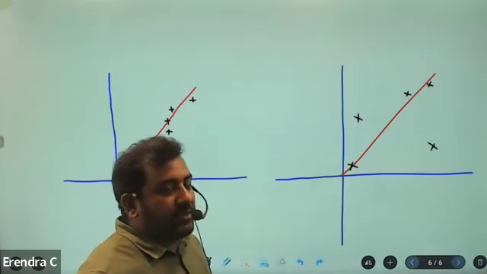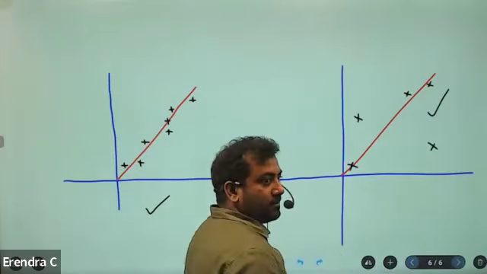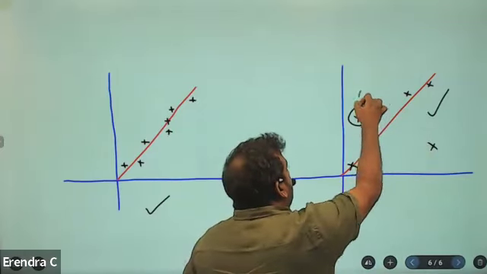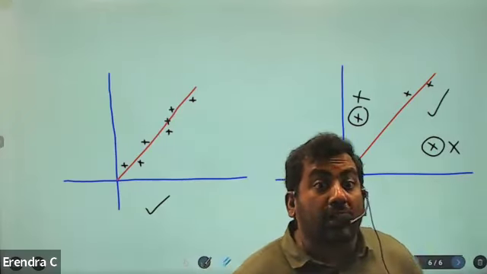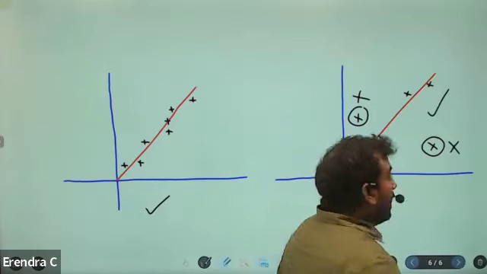Is this a best fit line? Yeah, it is a best fit line. These two are too far away. We can ignore them. They are called what? Outliers. What do you call them? Outliers.